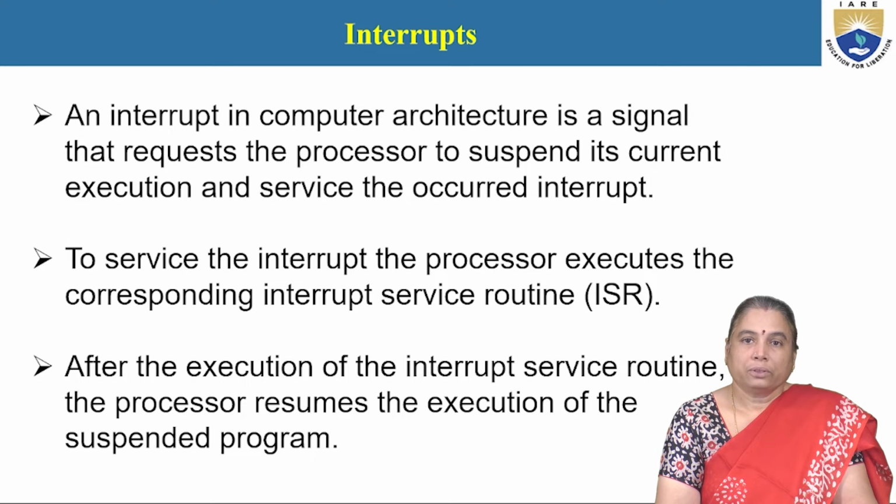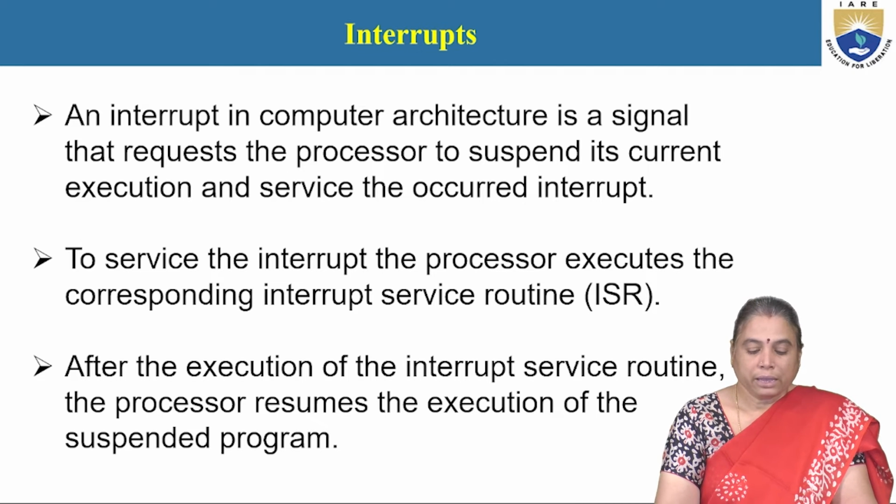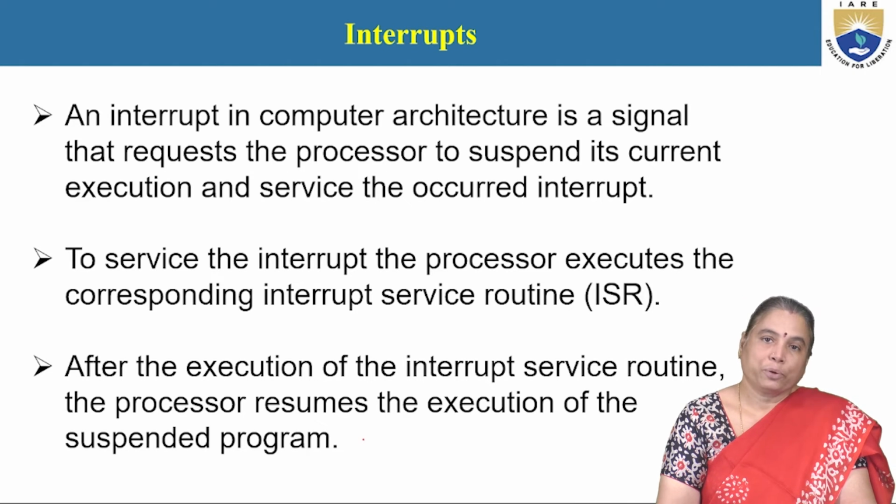Each interrupt that is raised has an associated ISR. When the interrupt is raised, the computer stops the current program execution, transfers control to the ISR and starts executing it. After the execution of the interrupt service routine, the processor resumes the execution of the suspended program.